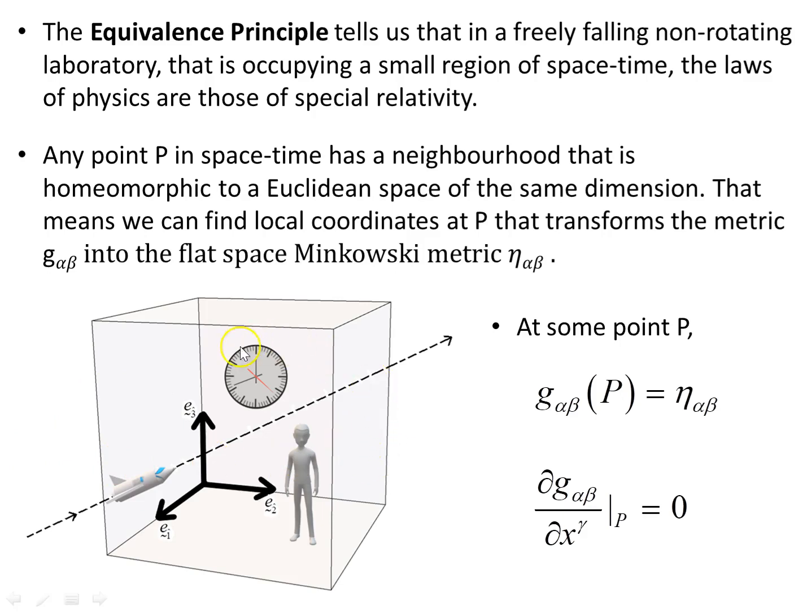But only for a small local region. Globally, the space is curved, very curved in the case of a sphere, but locally it appears flat. And so thanks to the equivalence principle, locally we can say the laws of special relativity apply.